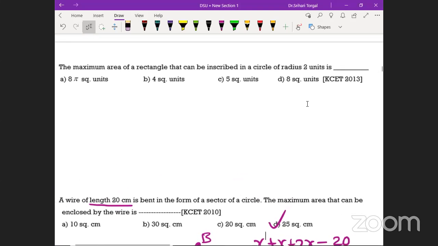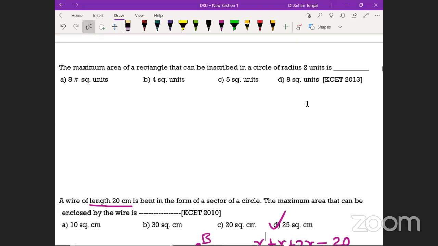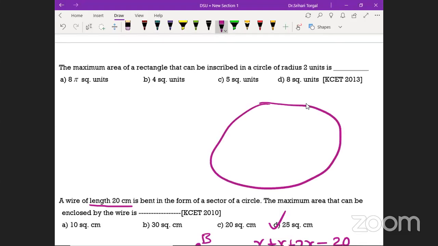The maximum area of a rectangle that can be inscribed in a circle of radius 2 units is? This is asked many times in the examination. We have a circle, and we have to inscribe a rectangle like this, right?